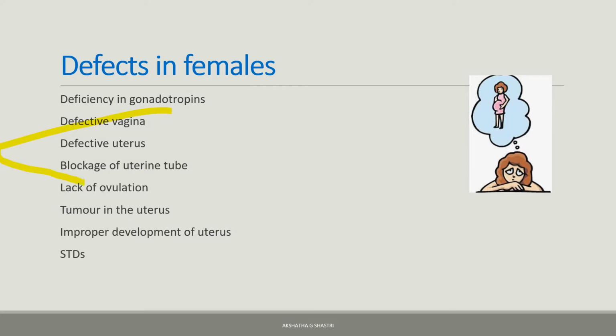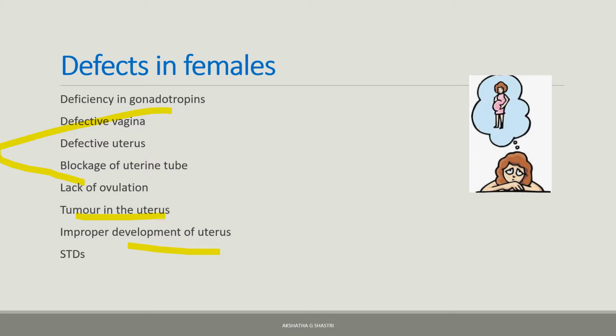Next are tumors in the uterus. If there are tumors in the uterus, it becomes very difficult to conceive. Next is improper development of the uterus, that is, the uterus having a different shape or structure from normal. Next are sexually transmitted diseases.